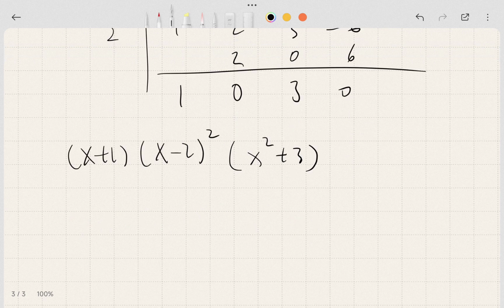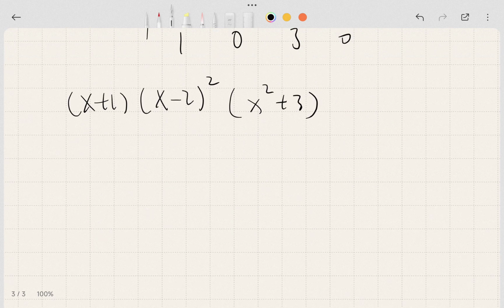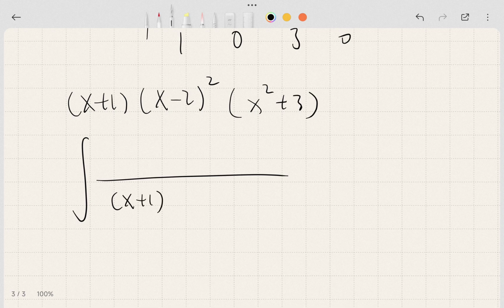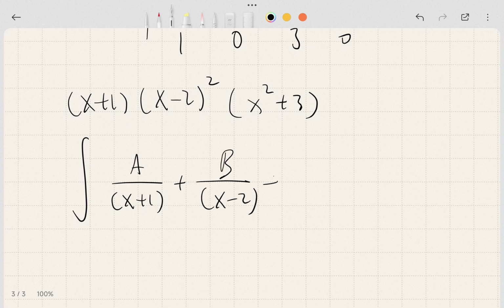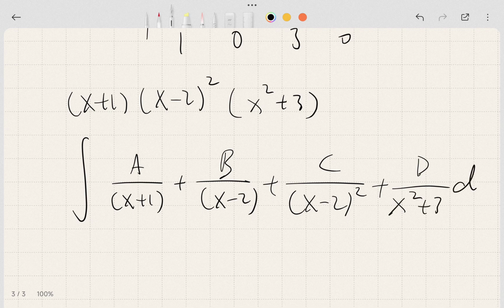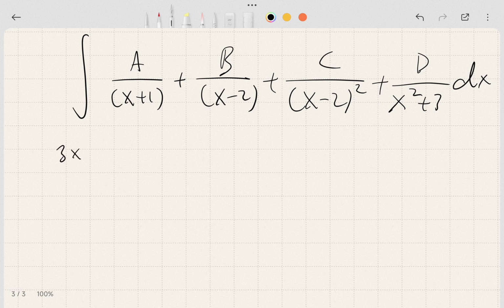So this is the denominator we've been able to factorize to, and the integral here is thus a over x plus 1, plus b over x minus 2, plus c over x minus 2 squared, plus d over x squared plus 3, dx, and the numerator is equal to 3x to the power of 4 minus 7x cubed plus 9x squared minus 8x plus 9.